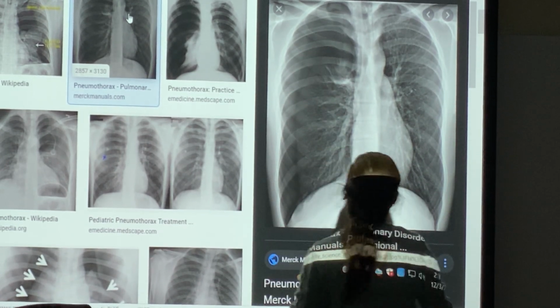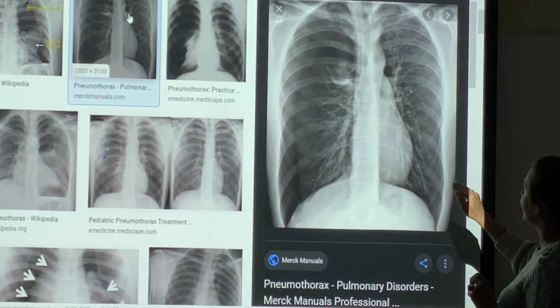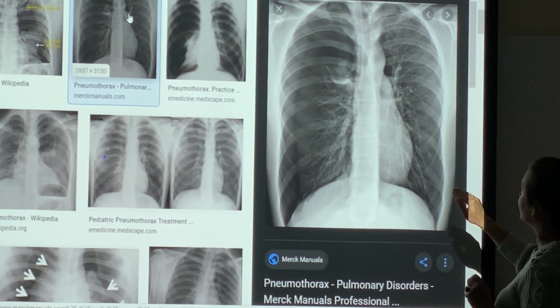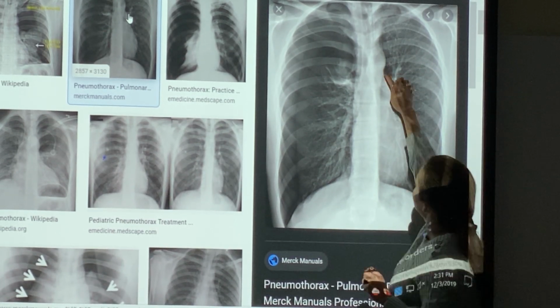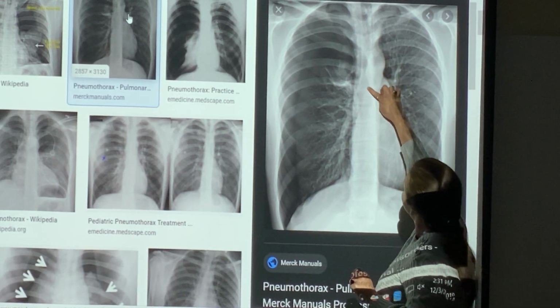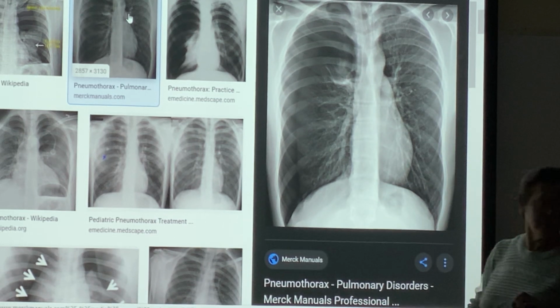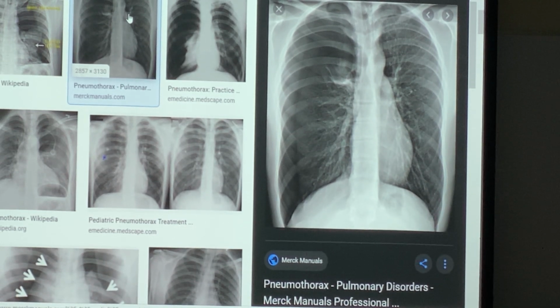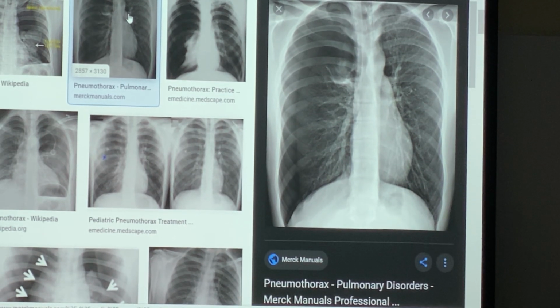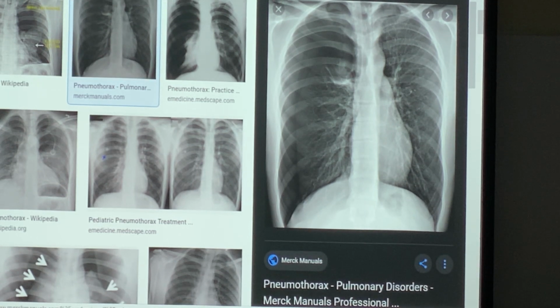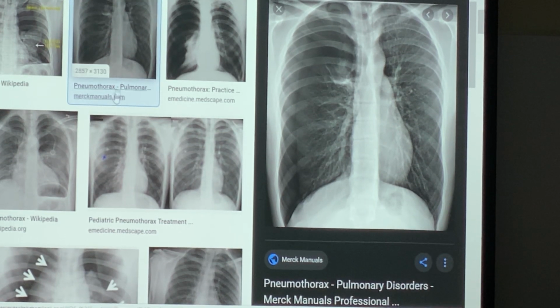All right? Is it creating a tension? Is it deviating the mediastinum to the contrary side? Of course, yes. Look right there. It's completely to the side. Maybe the patient is not hemodynamically stable, but the mediastinum has been shifted.